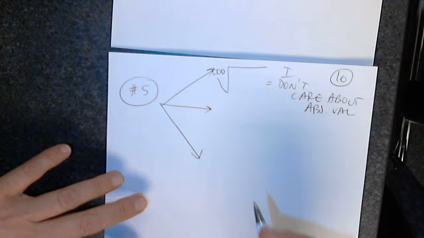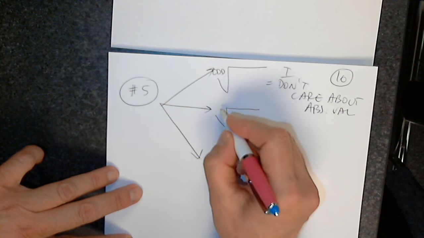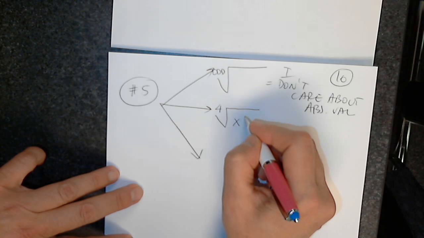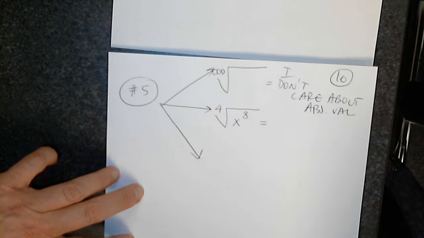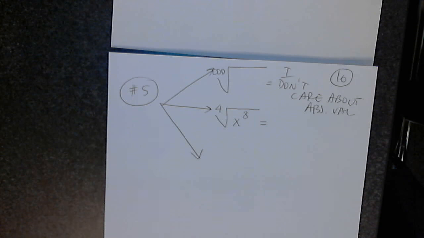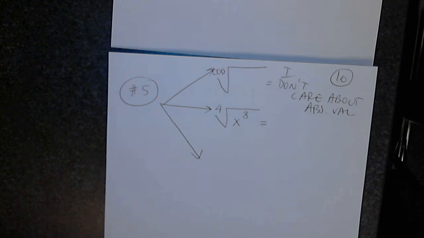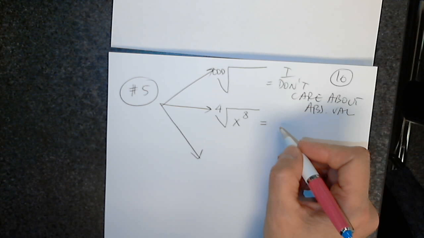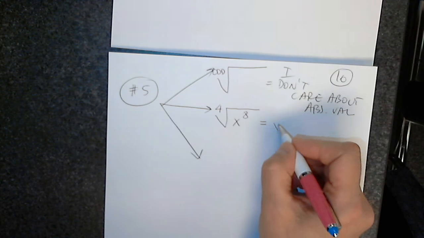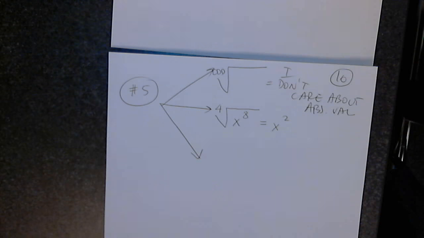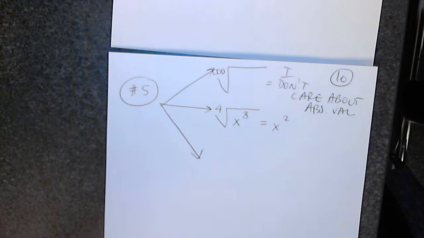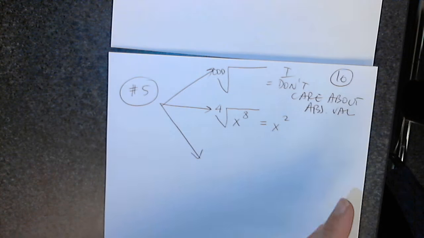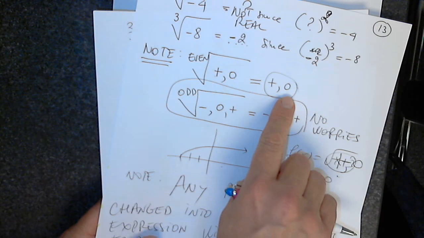Okay? What if I have this situation? This is an even root, but what is the answer? Right. Does x squared ever need an absolute value? No, because x squared is always positive or 0.